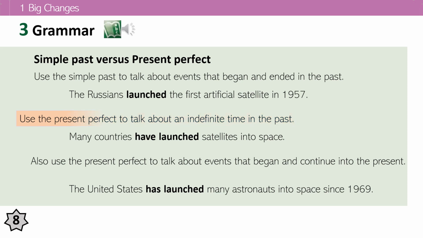Many countries have launched satellites into space. We also use the present perfect to talk about events that began and continue into the present. The United States has launched many astronauts into space since 1969.